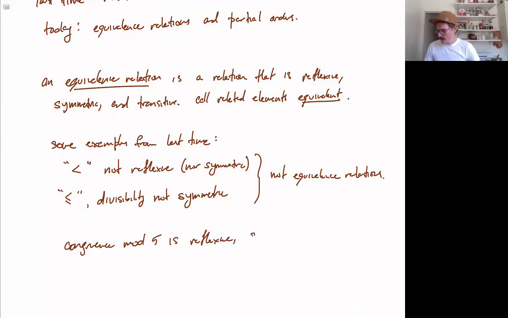It is symmetric because congruence does not depend on the order. And it is transitive because if the first is congruent to the second and the second is congruent to some third thing, then the first and the third are certainly congruent. So it is an equivalence relation.